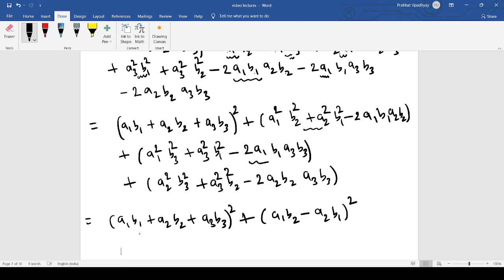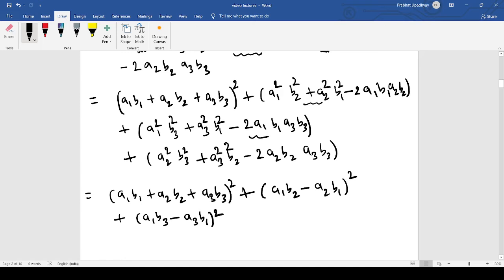This term is equal to a1 b3 minus a3 b1 square, and the last term is equal to a2 b3 minus a3 b2 complete square.